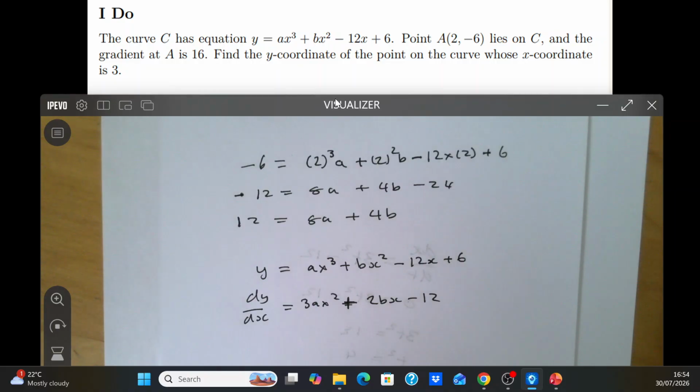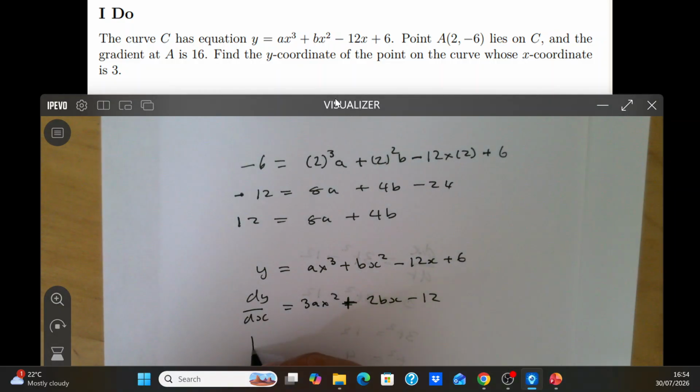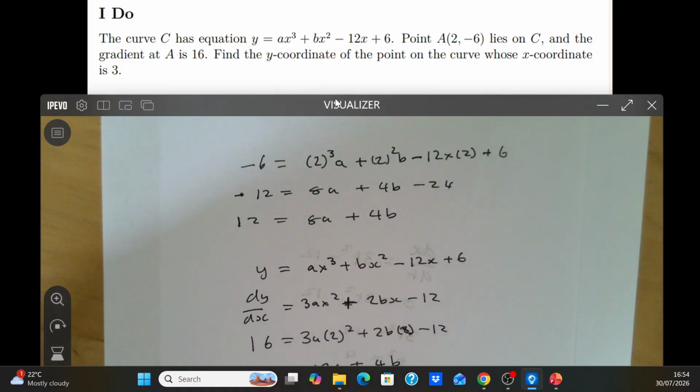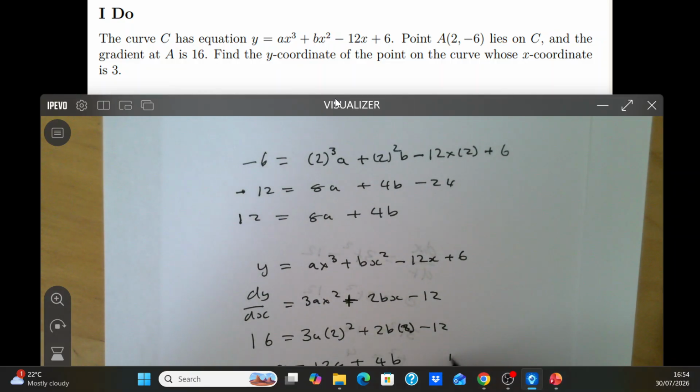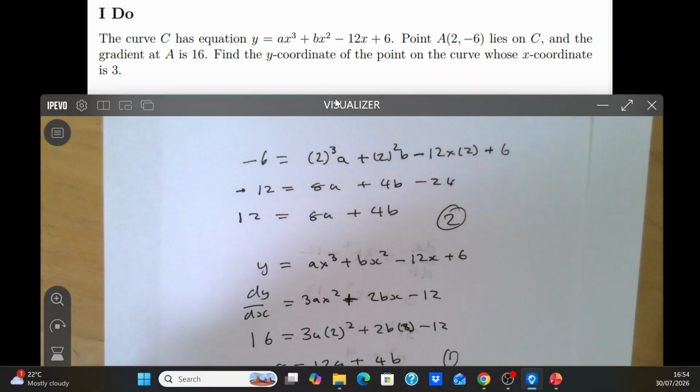We are told that the gradient is 16 at the point, and that is when x equals 2. Just checking that through. So I've got equation 1 and I've got equation 2.